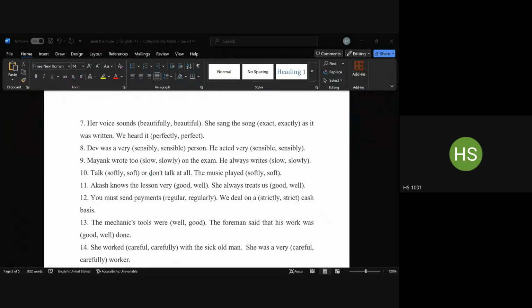Are there contexts in which we can use well as an adjective also? Ma'am, like explaining someone who is overall well, like Akash's health is overall well. Okay, health related.